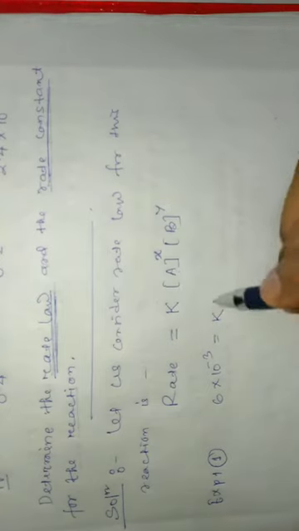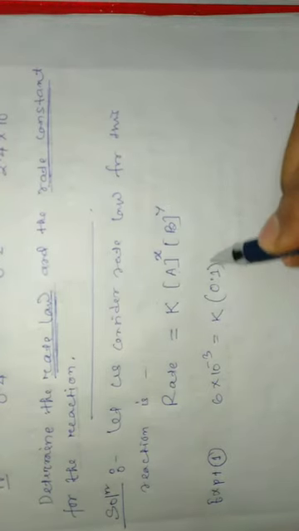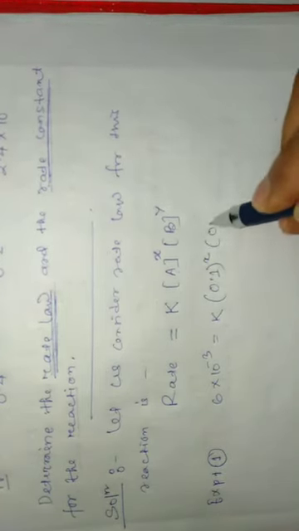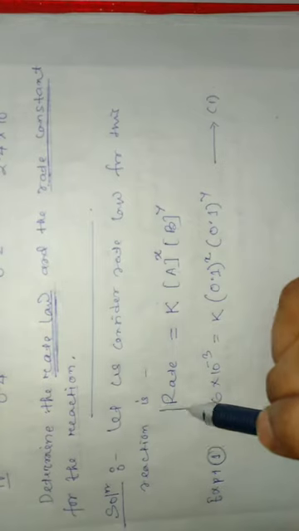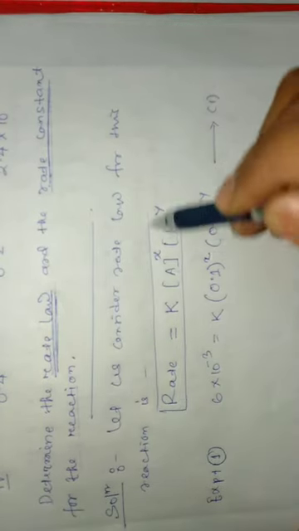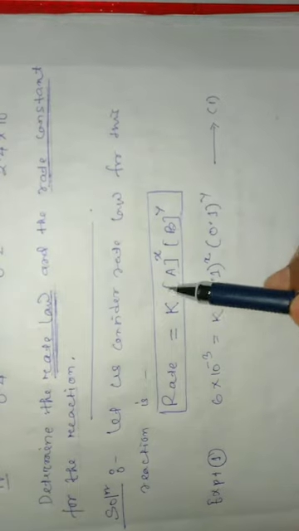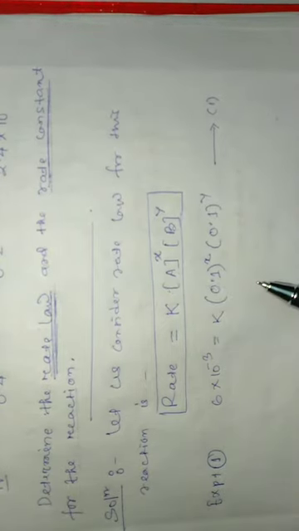So concentration of A is 0.1 to the power X, concentration of B 0.1 to the power Y. Let us consider this is equation number 1. That means we applied the rate expression to experiment 1.